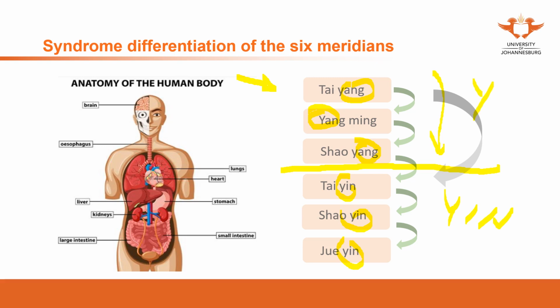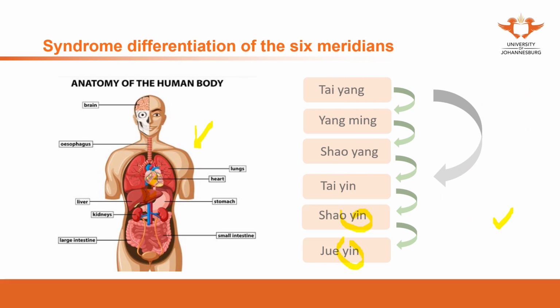From yin and yang, we knew that one is internal, one is superficial, or one is exterior, one is interior. So this differentiation method, we don't care about the internal organs. We study the same human body, but we see the human body from the other way. So we're going to think about from the superficial to internal.